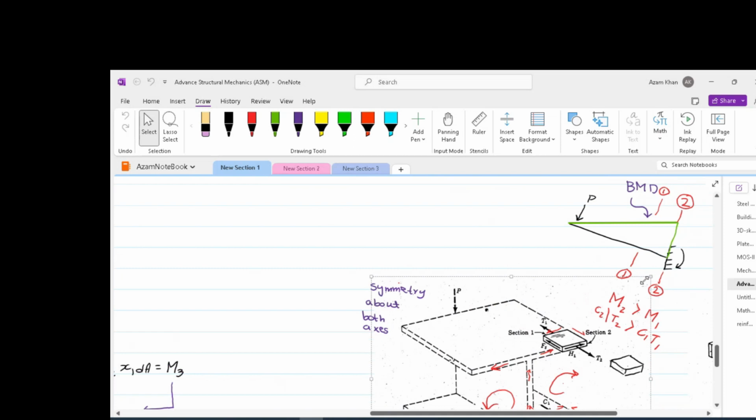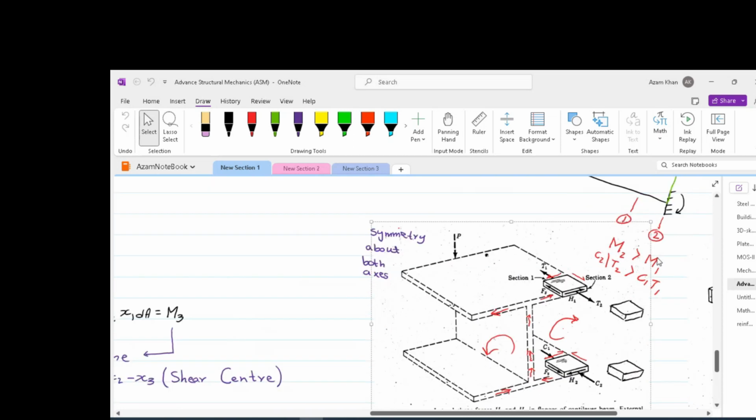We take 2 sections which are very close to one another, and these sections are 1-1 and 2-2. We can say that the moment at 2 is bigger than the moment at 1. The reason is that there is a change in the moment as we go from the point of application of the load to the root of the cantilever.